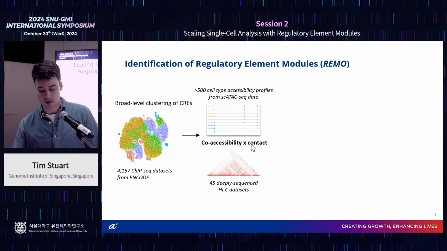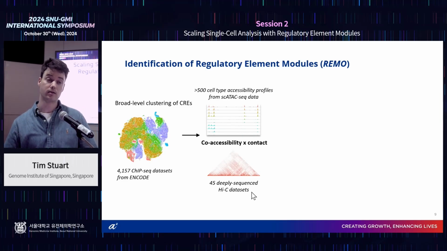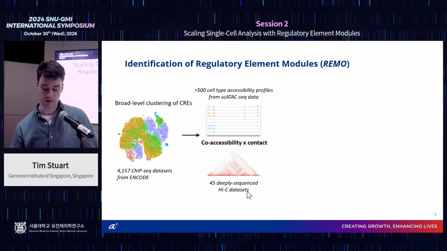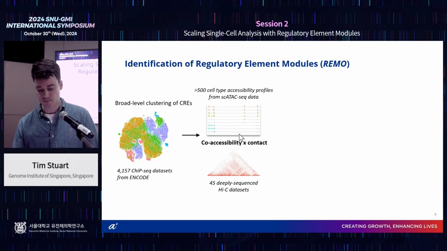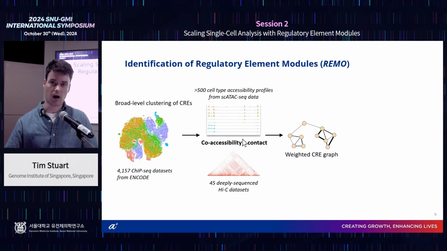And then we looked at a set of 45 very high quality, deeply sequenced Hi-C data sets that were also generated through ENCODE. And we used these data sets to compute a physical contact. And then we combine these, we compute a co-accessibility by contact score for every pair of these regulatory elements. So once we have those scores, we create a weighted graph.